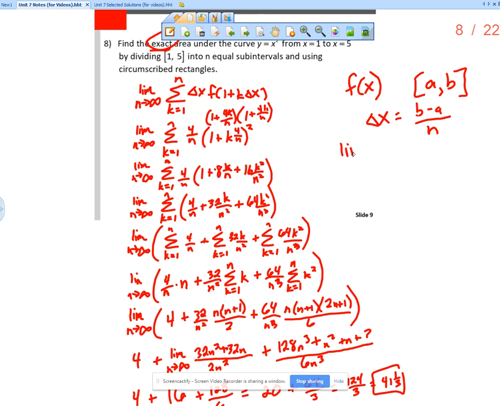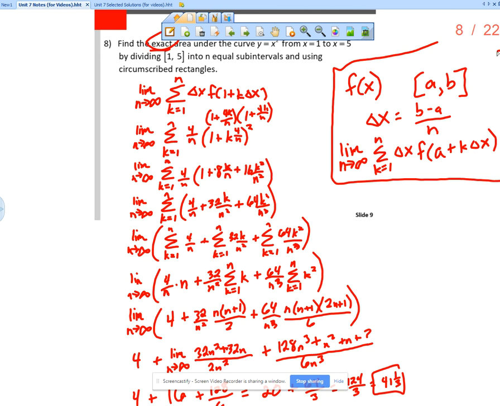And so then you are going to evaluate the limit as n approaches infinity of the sum from k equals 1 to n of delta x times f of a plus k delta x. We started at 1 because we were going from 1 to 5. So you can apply this in order to solve problems 16 through 18.